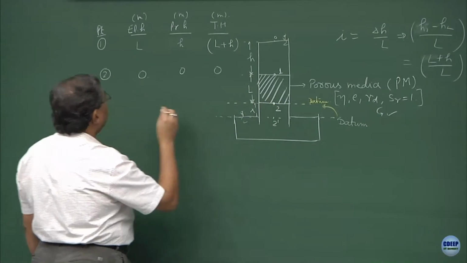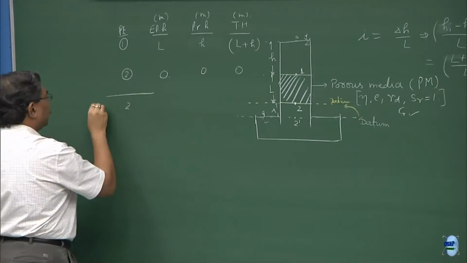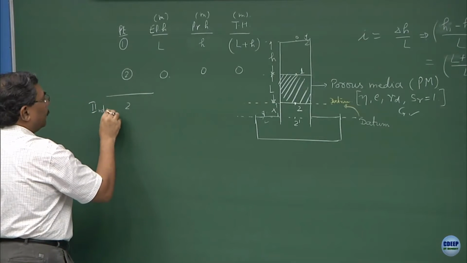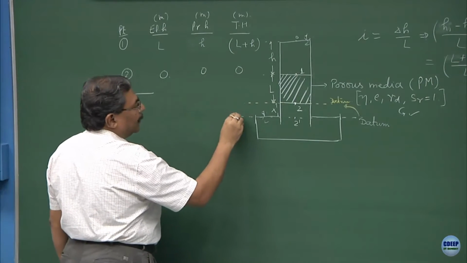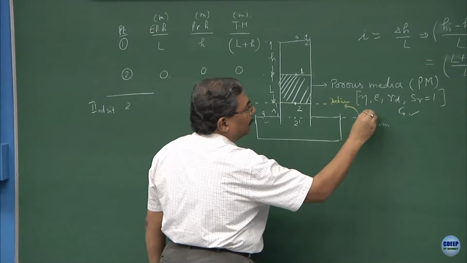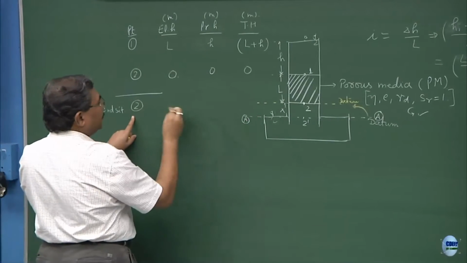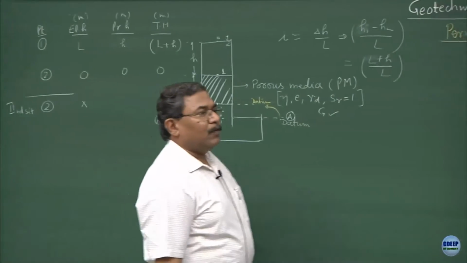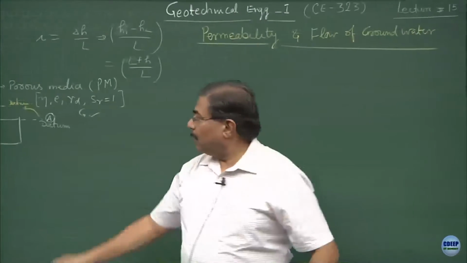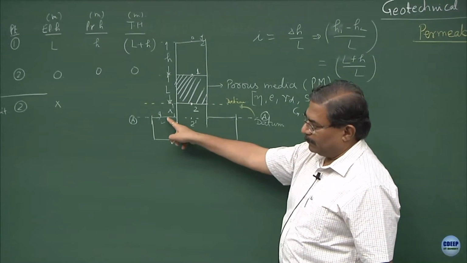The elevation head at point number 2, so this is the second situation. When I have shifted, when the datum is at, let us say, AA, at point number 2, the elevation head is X. Now, what you have to understand is that this is directly exposed to the atmosphere because of its connection with the free water table.